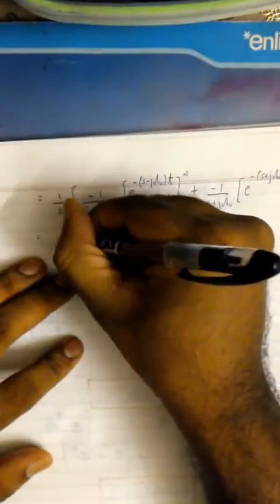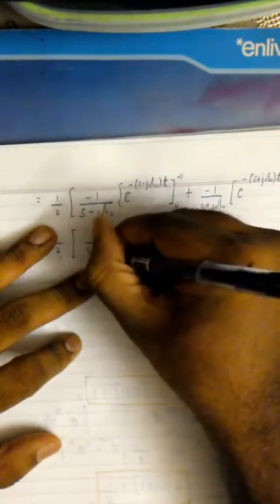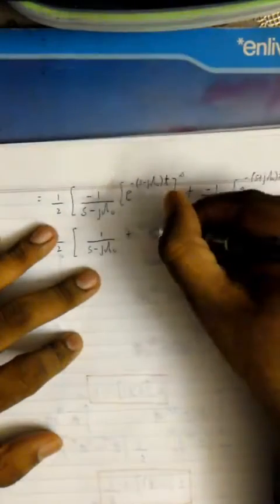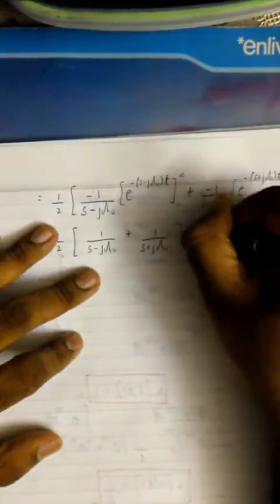This will in turn become 1 by 2 into, if I substitute the values over here, 1 by s minus j ohm 0 plus 1 by s plus j ohm 0.